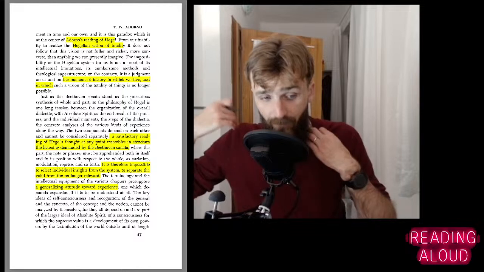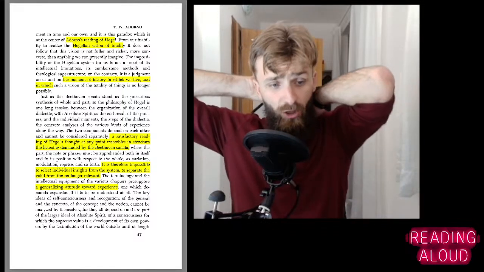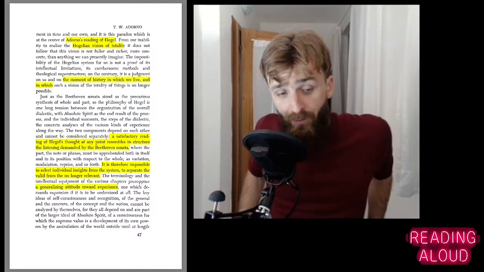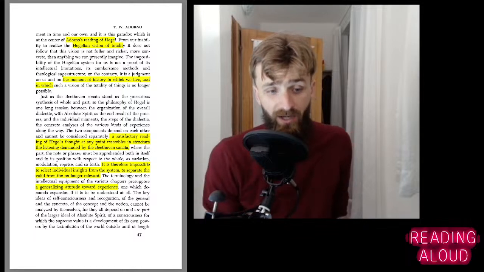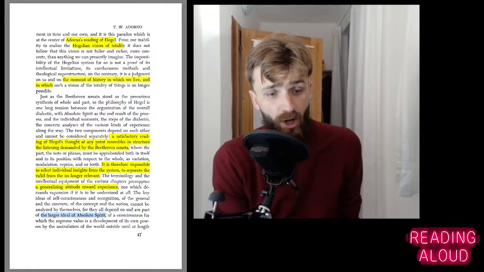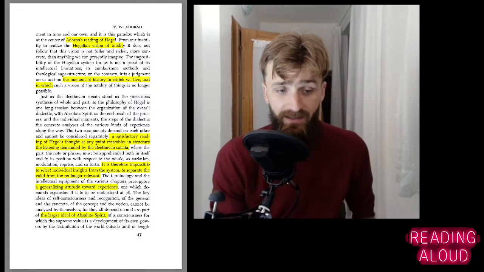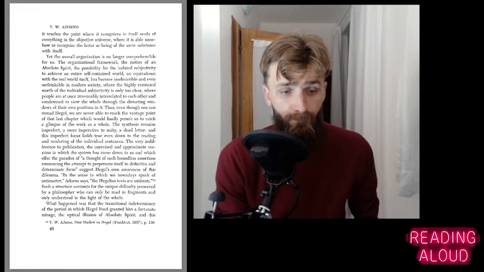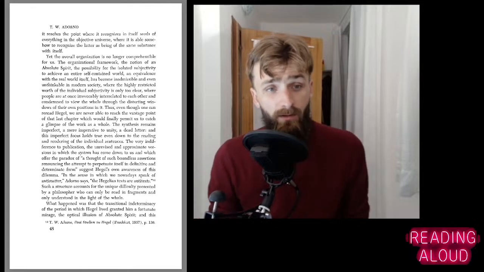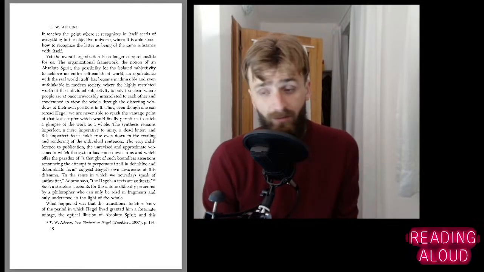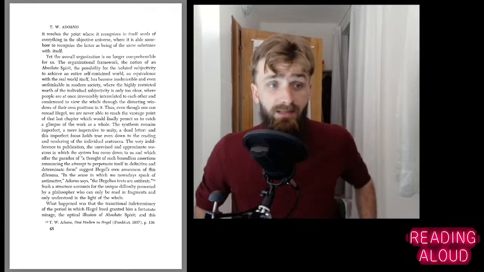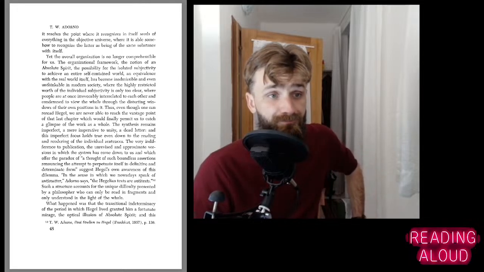The key ideas of self-consciousness and recognition, of the general and the concrete, of the concept and the notion cannot be analyzed by themselves, for they all depend on and are part of the larger ideal of absolute spirit, of a consciousness for which the supreme value is a development of its own powers by the assimilation of the world outside, until at length it reaches the point where it recognizes in itself seeds of everything in the objective universe, where it is able somehow to recognize the latter as being of the same substance with itself.